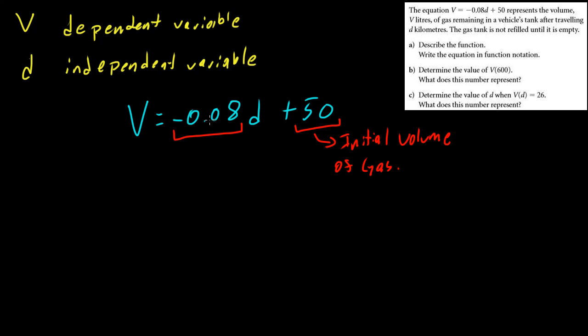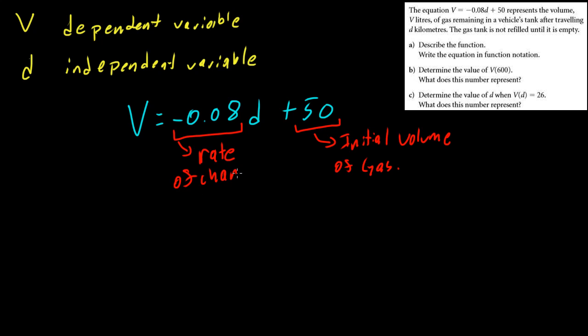Now, negative 0.08. We don't quite know what this term represents, but we should be able to figure out that there's a negative sign in front of it. And this is going to use up some of our volume of gas for every kilometer driven. This is going to change into something called a rate of change later on in the unit.